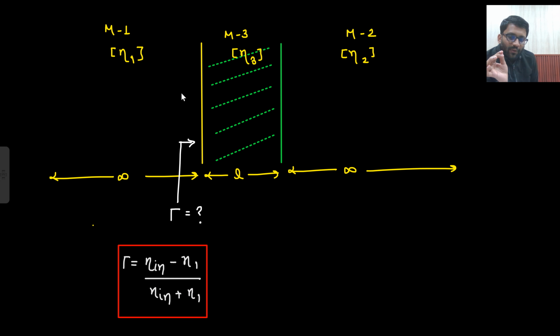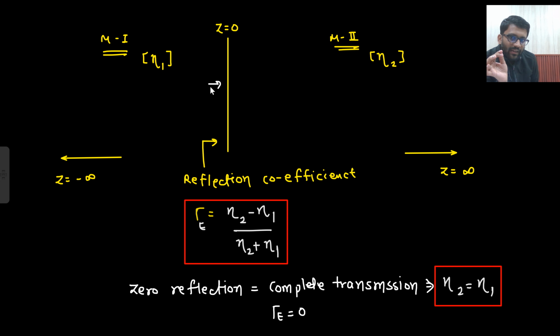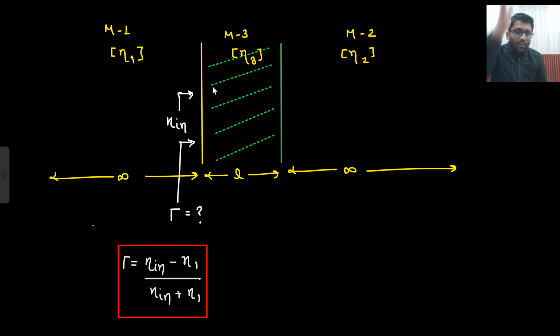Looking from here, the equivalent neta that I can see is neta in. Looking from the boundary, the equivalent neta that you can see is neta 2 in the earlier case. From here, looking from the boundary, the equivalent neta that I can see is neta in. It is not neta 3, it is neither neta 2, it is neta in. And what is the value of neta in?